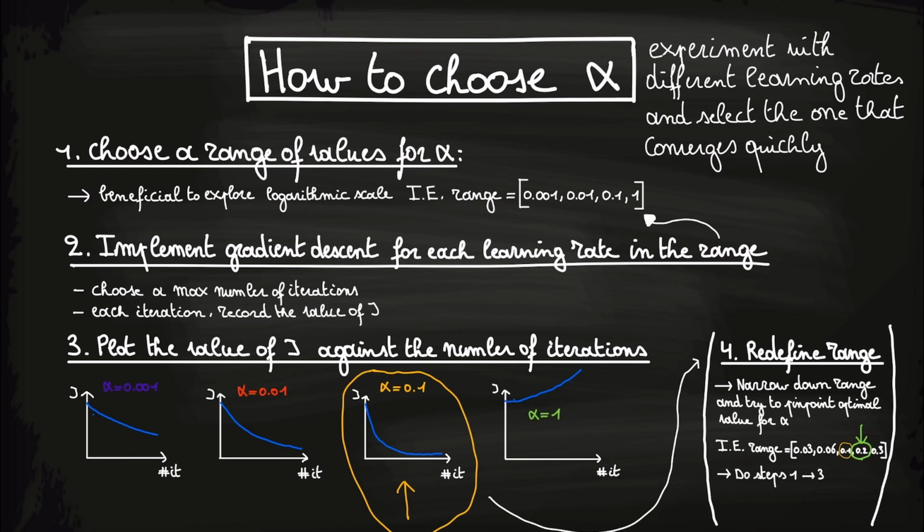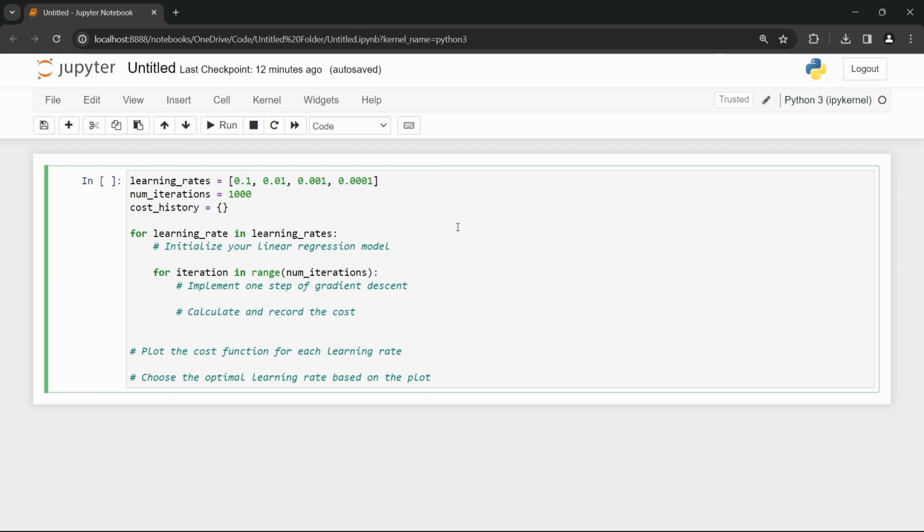Now that we have a process to find a good value for the learning rate, let us look at some Python-like pseudocode to make things more clear. We start by defining a range of values that we want to try as our learning rate, and we set a max number of iterations. We also make a list that keeps track of the value of J when we perform gradient descent, because then we can plot the values of J as a function of the number of iterations later on.